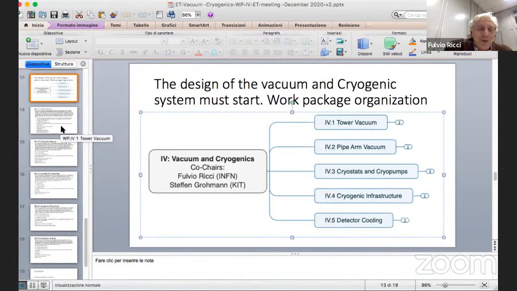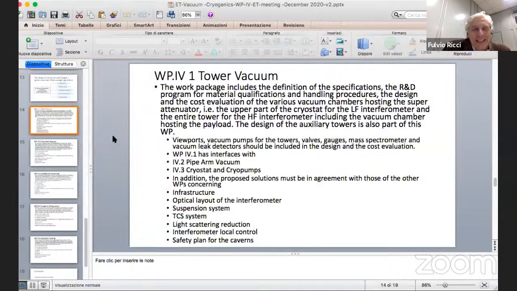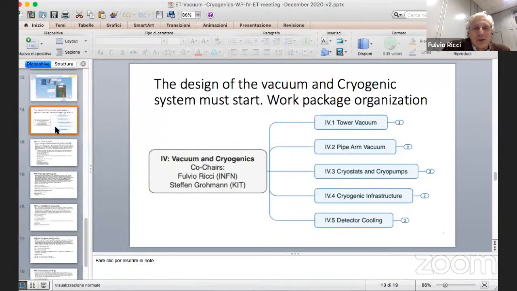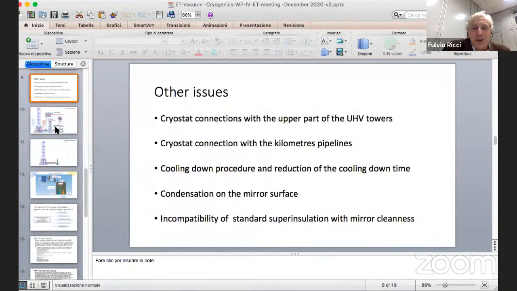Michal, you asked questions that require showing the other 10 slides that I haven't shown. There is a lot of interaction. In the other slides, there is the list of the charge of each section of this work package with the interaction with the other systems, and also a list of other issues that we have to face.